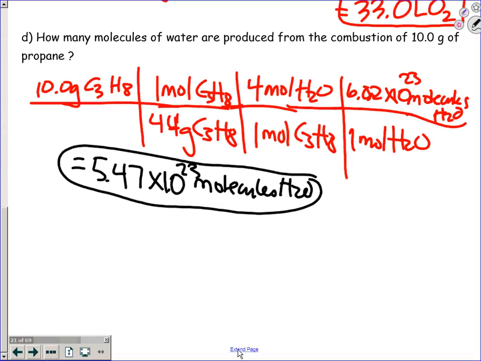Wait, so do we have to have... balance... You put 2 moles?